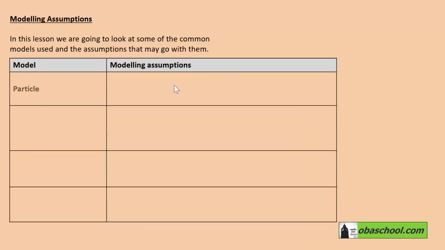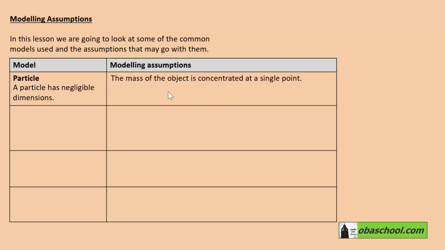The first one is that many of our objects we take to be particles. A particle basically has negligible dimensions, so no volume. Because of that, the mass of the object is concentrated at a single point, and rotational forces and air resistance can be ignored, although sometimes we just add air resistance in.